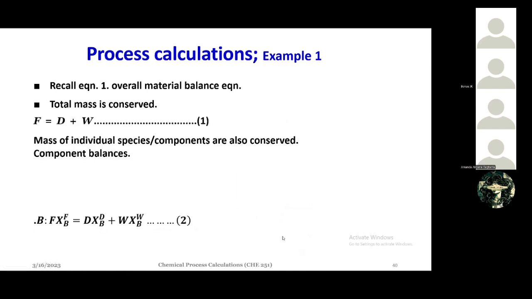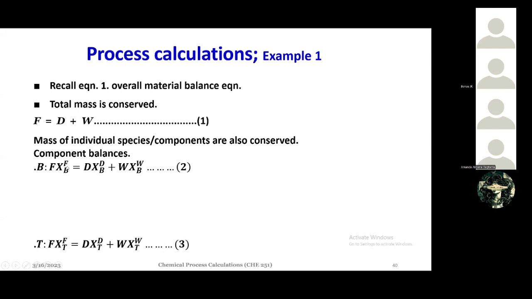So the benzene balance will be F, our feed entering, times the mass fraction of benzene in the feed, equal to D, the flow rate of our distillate, times the mass fraction of benzene in the distillate, plus our mass flow rate W times the mass fraction of benzene in the bottoms. When you sum them up, this is what you should get. So that becomes your component balance for the benzene.